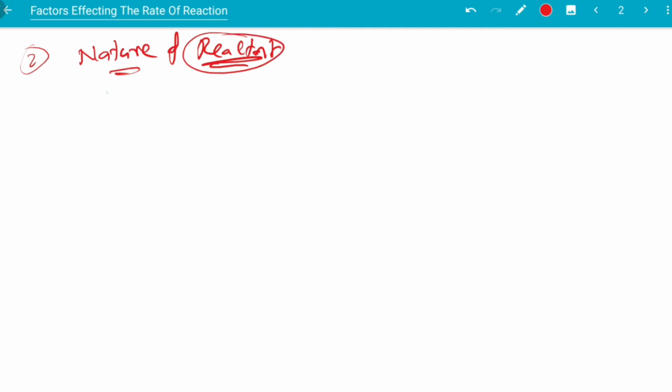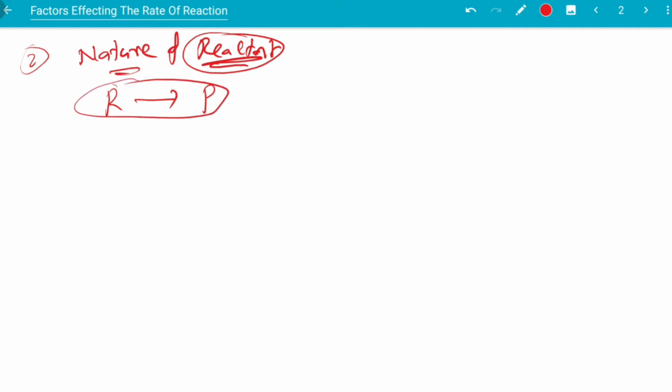And the second factor is nature of reactant. Reactants have different properties. Different reactants have different chemical properties, and are converted into different products at different conditions and with different reagents.